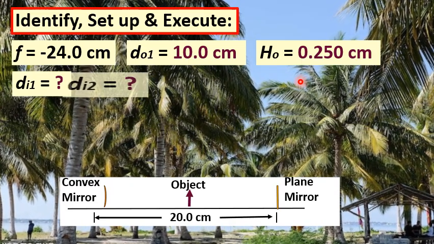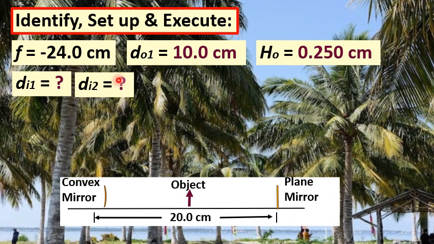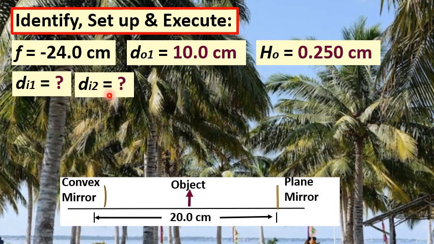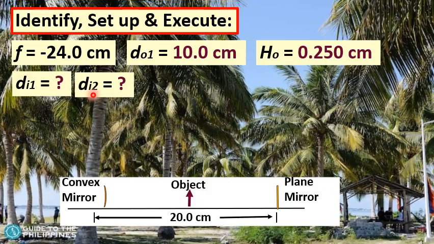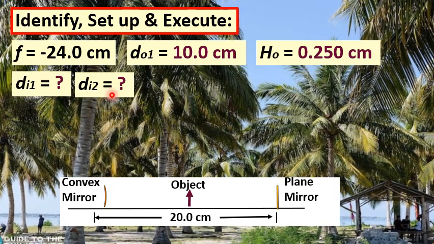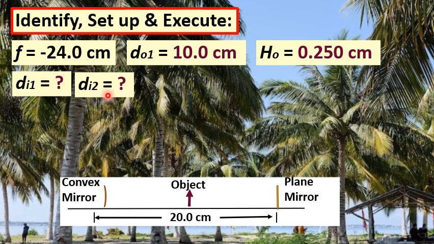And the second target variable is d sub I2, which is the distance of the second image closest to the convex mirror.